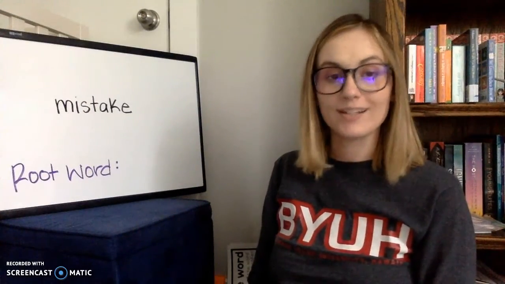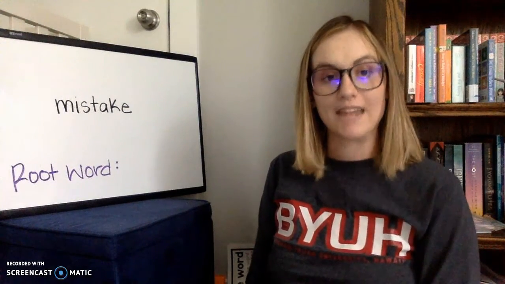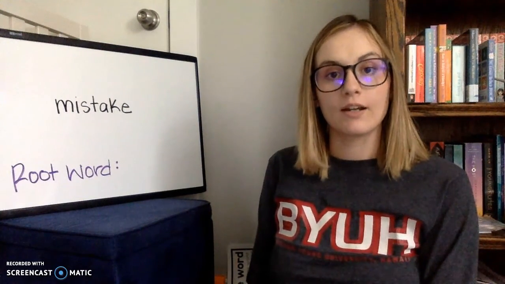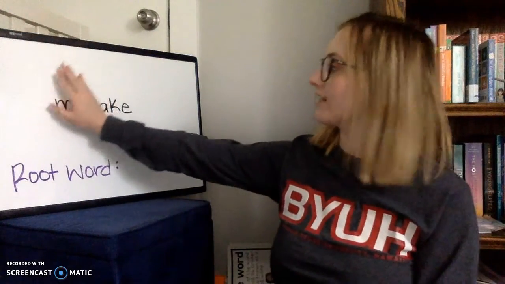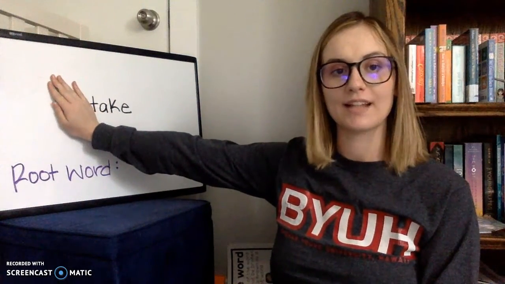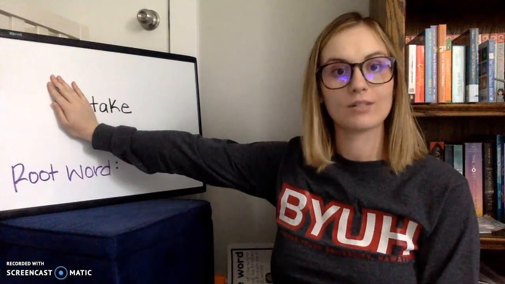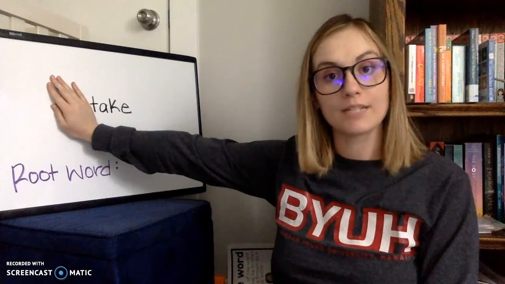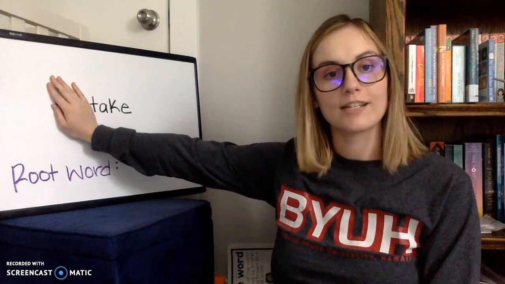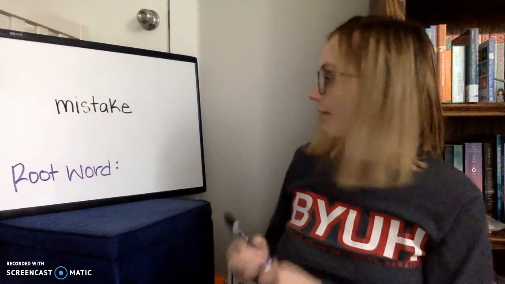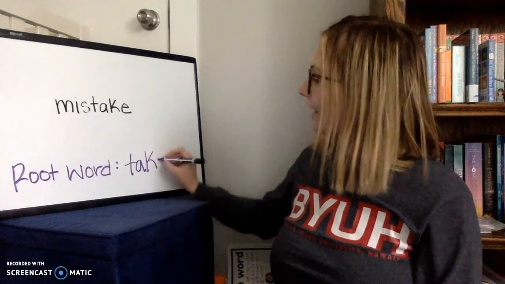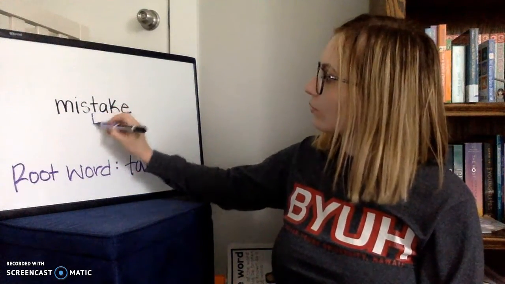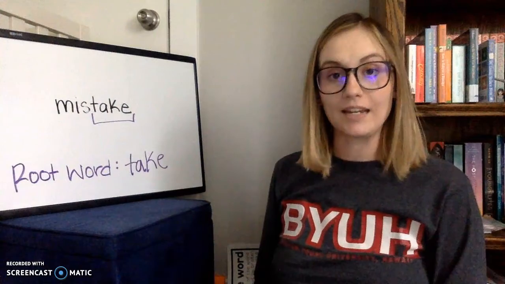Let's do one more. Okay, last one is mistake. Mistake. What is my root word here? Well, take off any prefixes and suffixes there are. I see a prefix mis. Do I see any suffixes? I don't. So the word that's left is my root word. My root word is take. So I can put that down. My root word is take. Now I can isolate that root word to figure out the meaning.